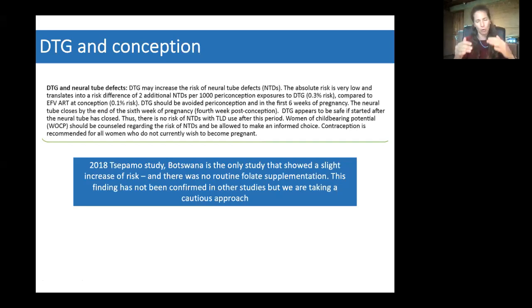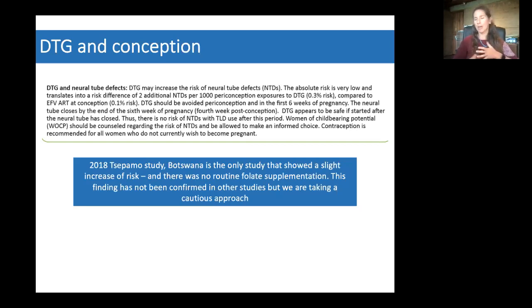And so just before we rolled out in April 2019 with the dolutegravir, there was a huge announcement by the WHO, a warning saying, we don't know, there might be a risk of increased neural tube defects if you conceive on dolutegravir, and therefore it was recommended to not prescribe it for women of childbearing age.